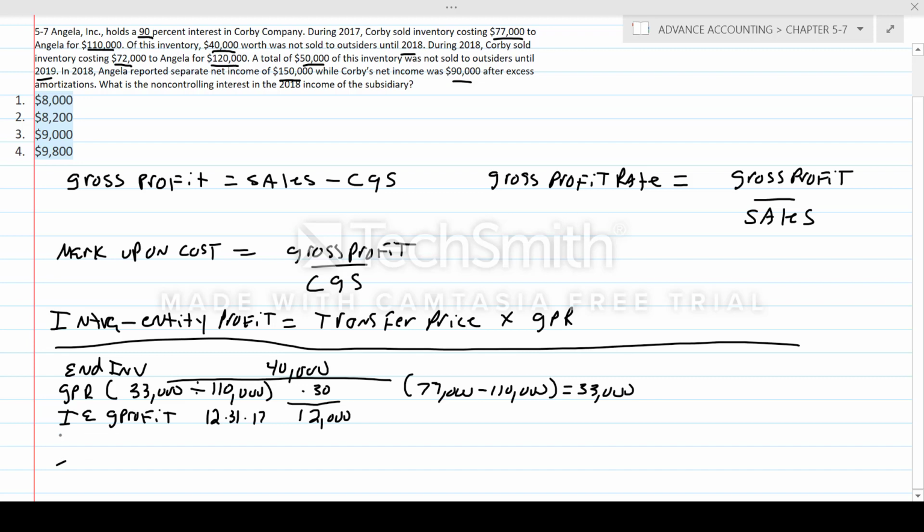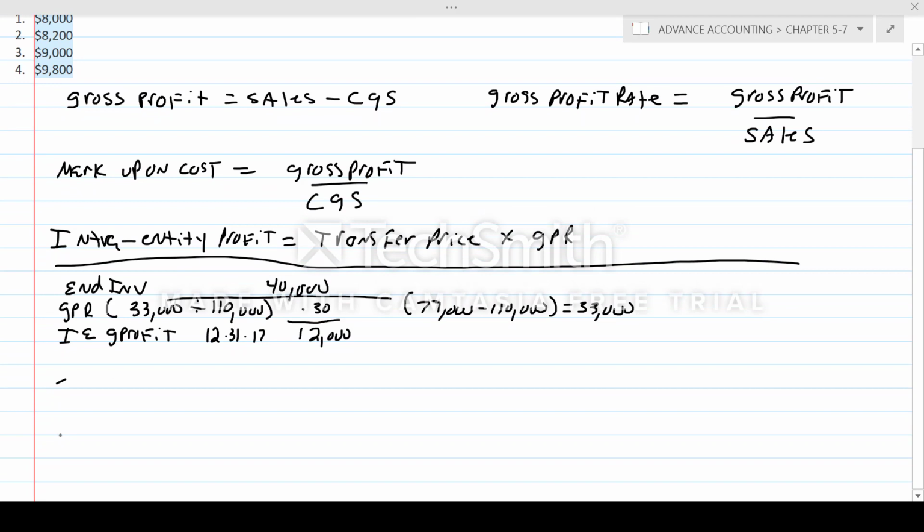So for 18, it's very similar. You're going to take your ending inventory of $50,000, and your gross profit rate, which was $48,000 divided by $120,000, comes out to 40%.